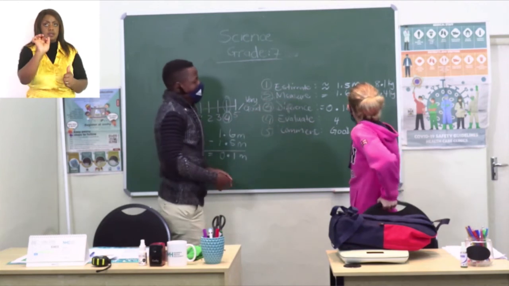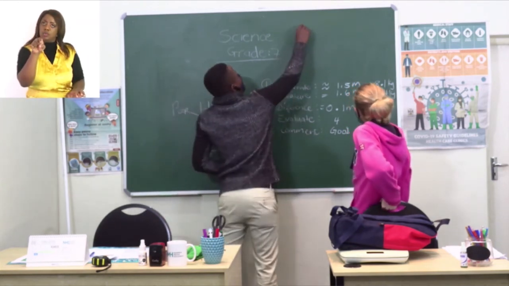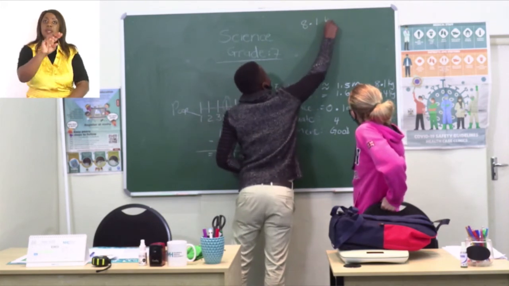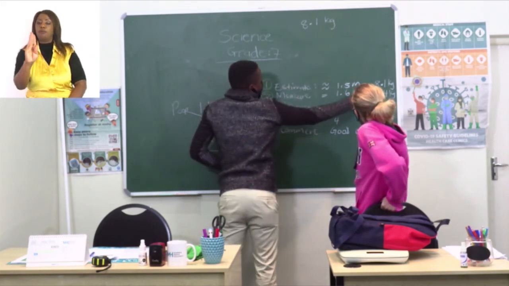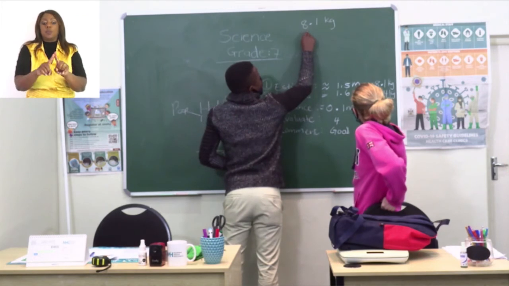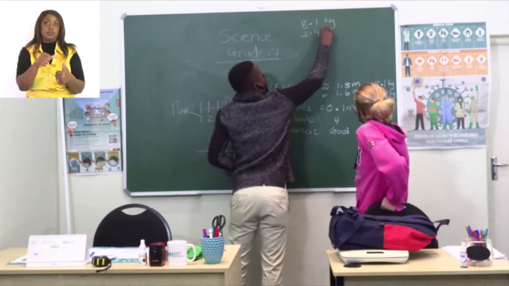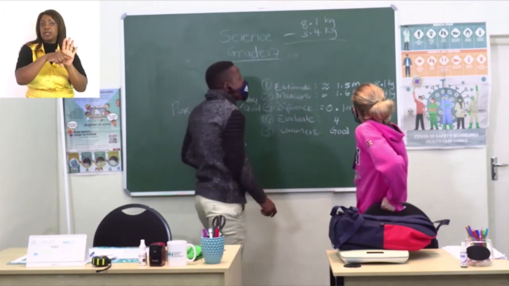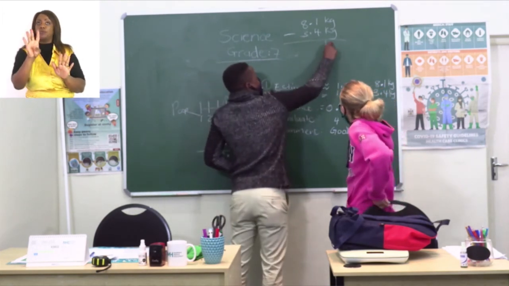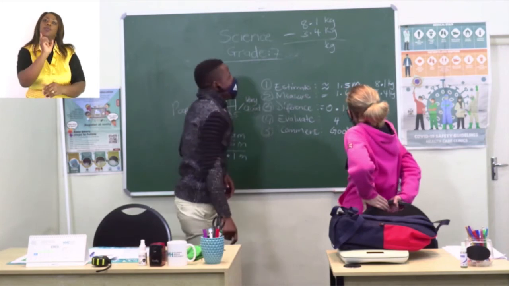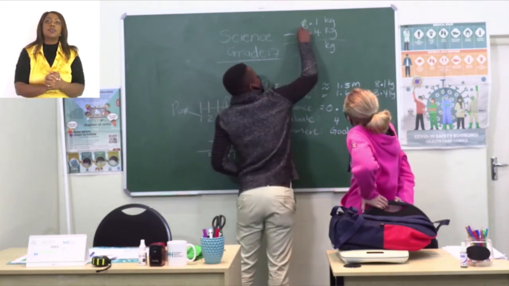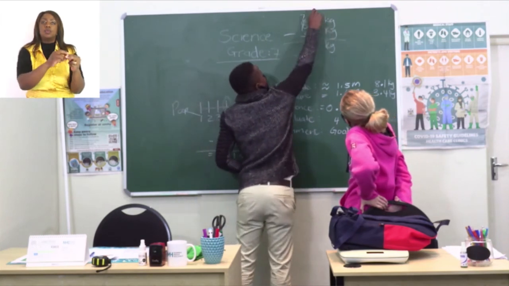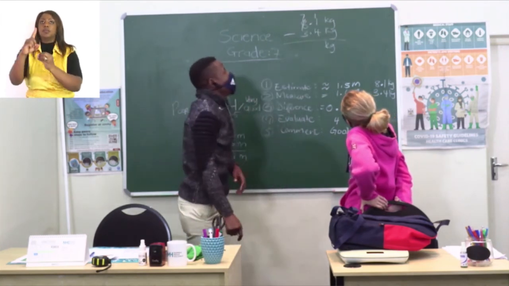Then to get the difference, we have the highest, which is 8.1 kg, and the measure is 3.4 kg. We have to subtract. Of course I have the kg here. I have to get some value here. I have 7 remaining. I'll put 1 here.